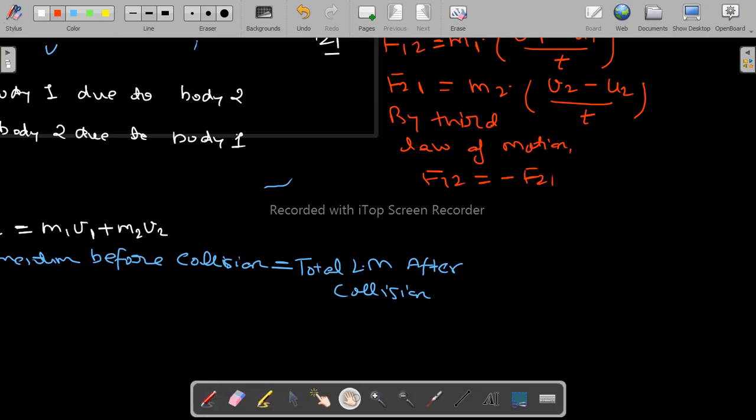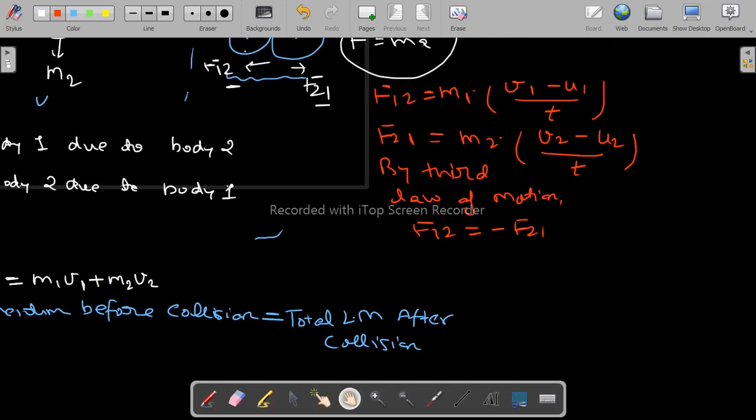So if we take these two terms equal and put in this expression, what are you going to get here? Now see here, this is m1 of, when you open the brackets, m1 v1 and minus m1 u1, and this is t.